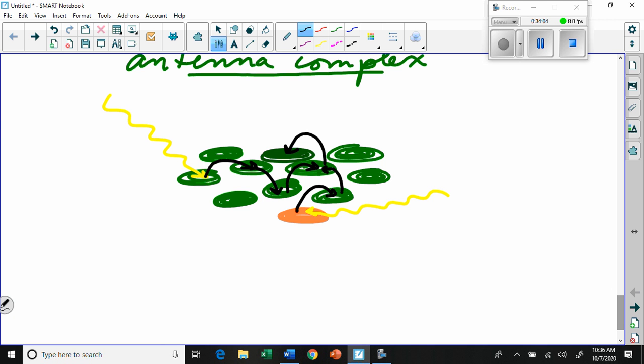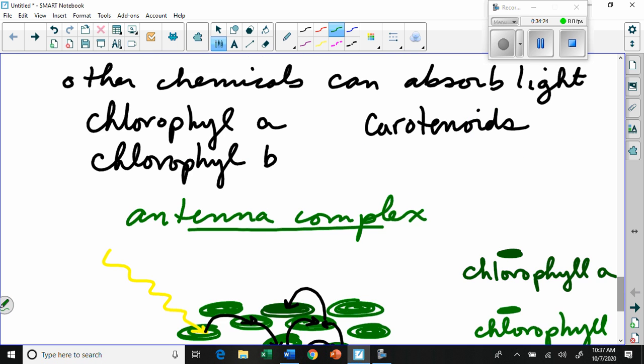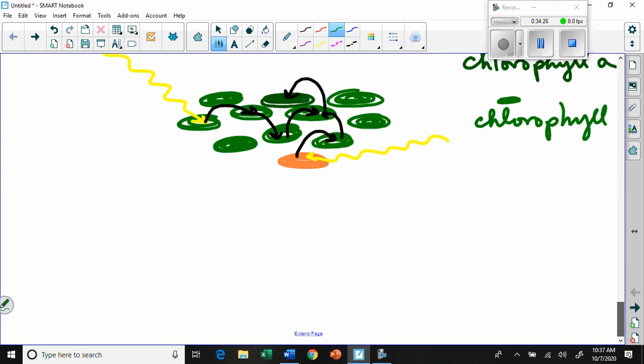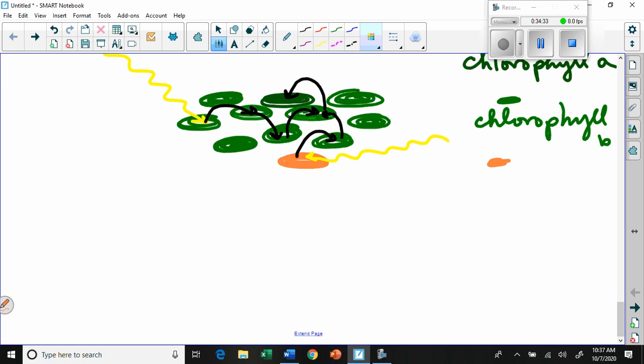Eventually, what we want to understand is that the dark green guy, I'm going to do a little key over here, the dark green guy is the chlorophyll A. The lighter green dudes are the chlorophyll Bs. And the orange guys are the carotenoids.